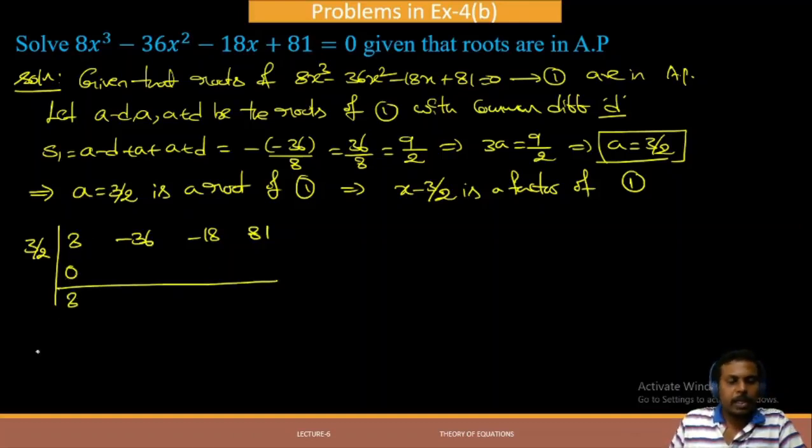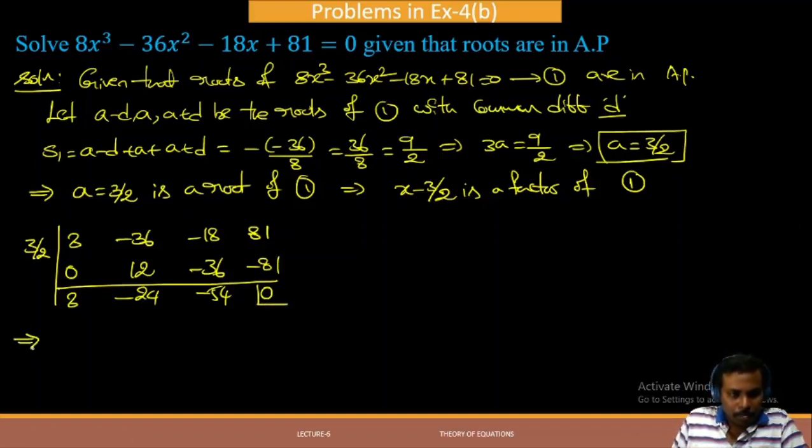And upon adding I will be getting 8. So 3 by 2 into 8 is what? 12. So this is minus 24. So 3 by 2 into minus 24 is minus 36. Minus 36, this is minus 54. So 3 by 2 into minus 54 is minus 27 into 3, that is minus 81. So this becomes 0.